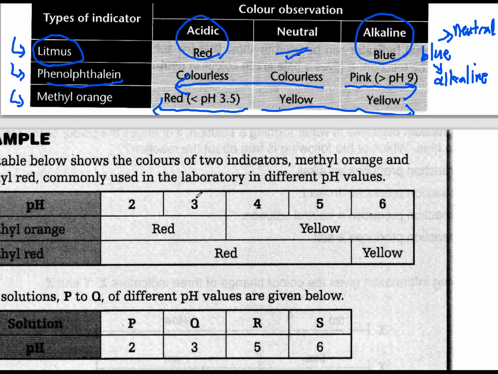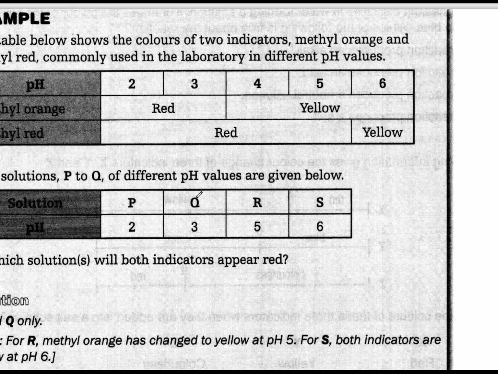Finally, let's look at an example. What we have here is two indicators, methyl orange and methyl red. And then we have four solutions, P to S, with different pH values. Now, which solution will appear red under both indicators?